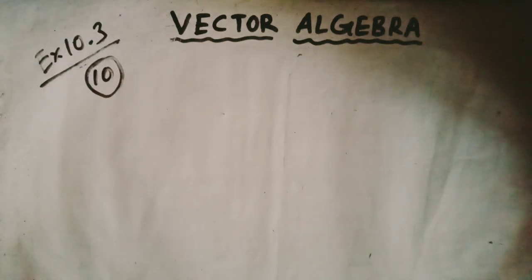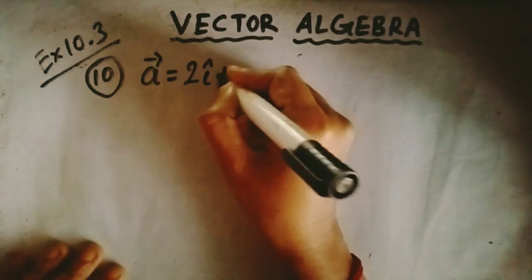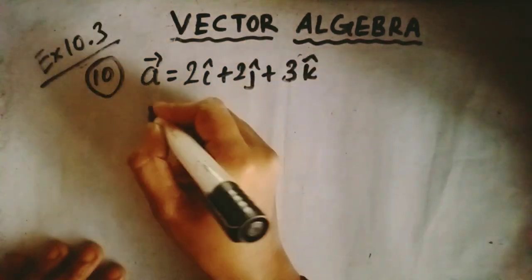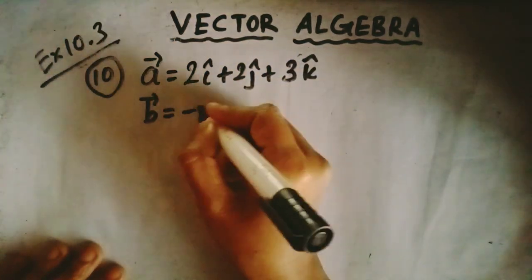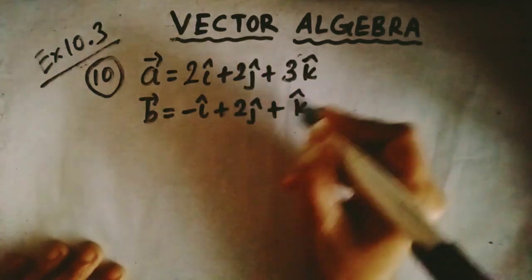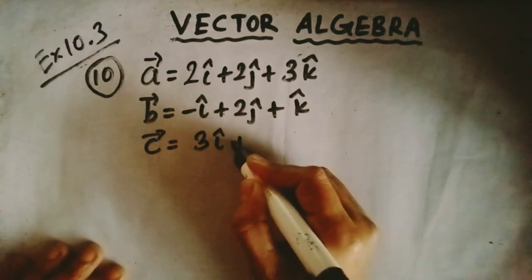Question 10. If a, b and c vectors are given, you have to find a plus lambda b, and then you have to show that a plus lambda b is perpendicular to c. Okay, so a vector 2i plus 2j plus 3k, b vector minus i plus 2j plus k, c vector 3i plus j.